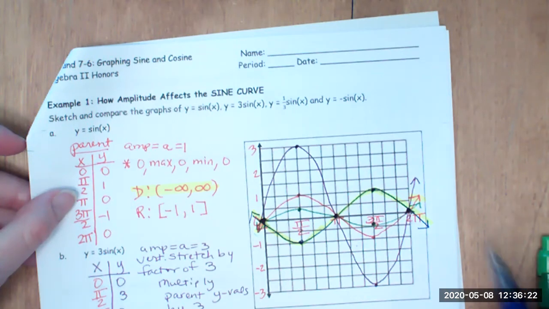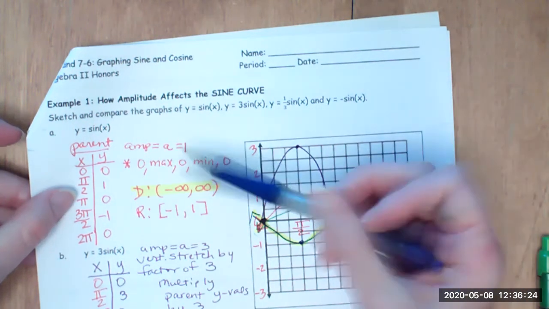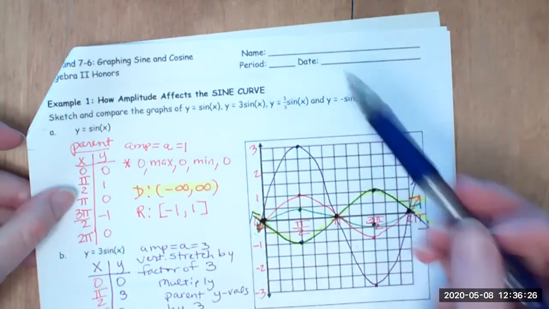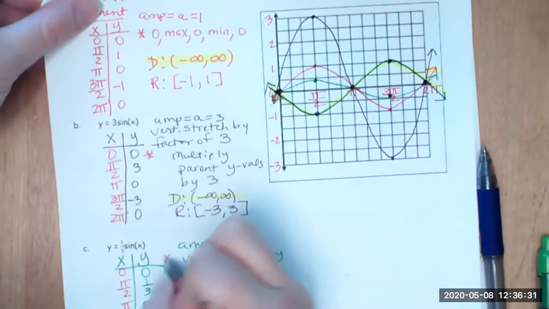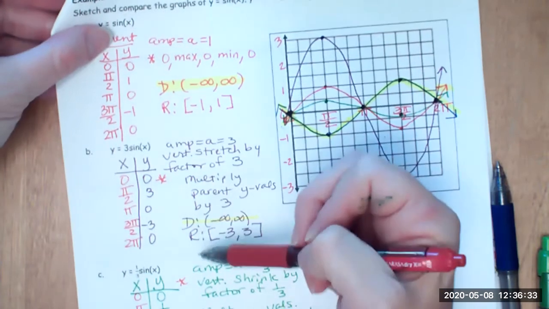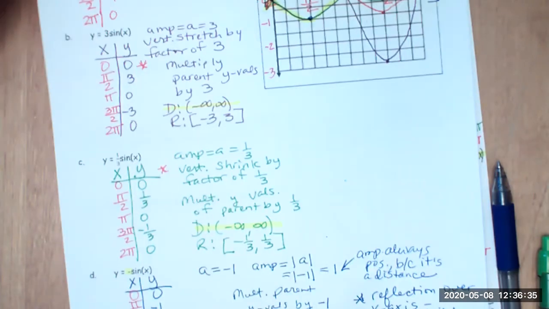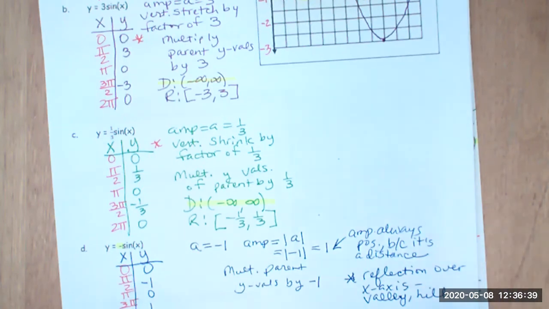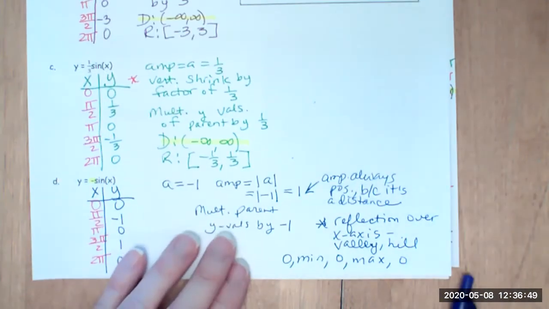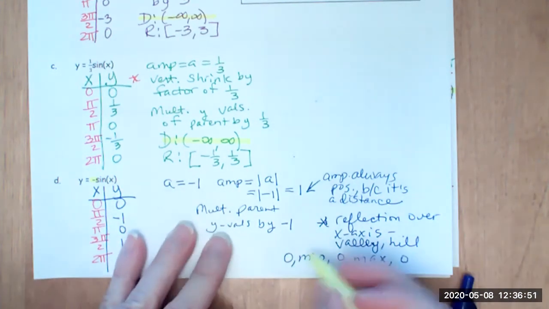Okay, and that's true for every one of these A, B, and C, right? So that 0, max, 0, min, 0 is going to be true for A, B, and C. But then when we reflect, now we've got the opposite. We've got 0, min, 0, max, 0 right here, because it's reflected. Okay?